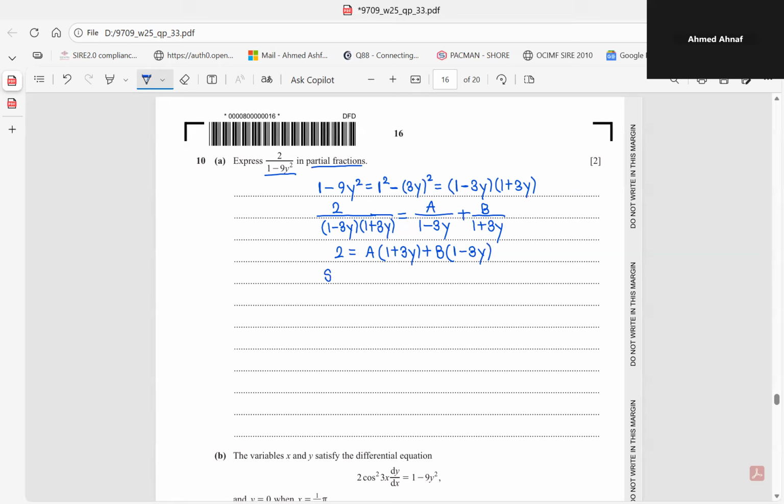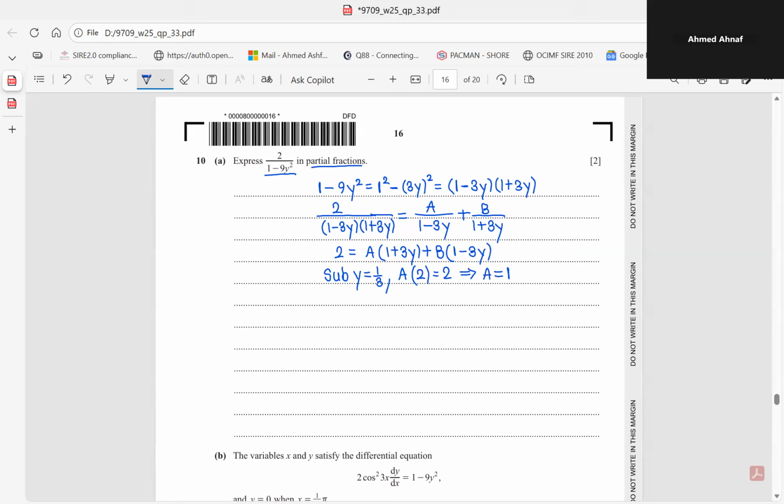So we're going to substitute y equals 1/3. Since this will be 0, B would be gone, so we only have to solve for A. So A times 1 plus 3 times 1/3. 3 times 1/3 is 1, so 1 plus 1 is 2. You make it equal to 2, and you will get A equals 1.